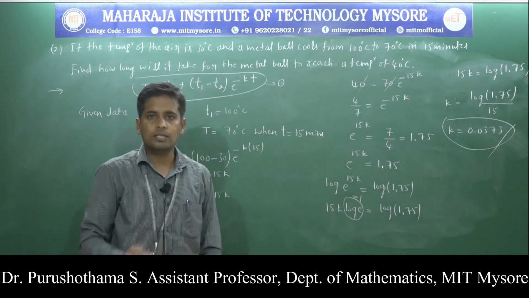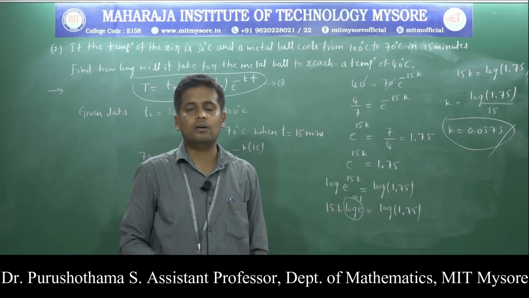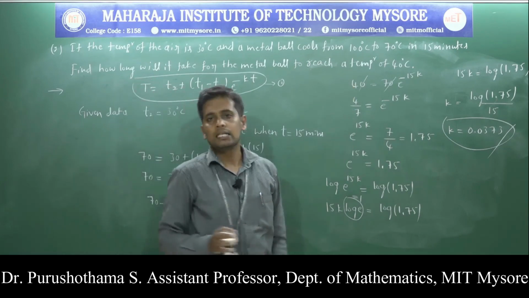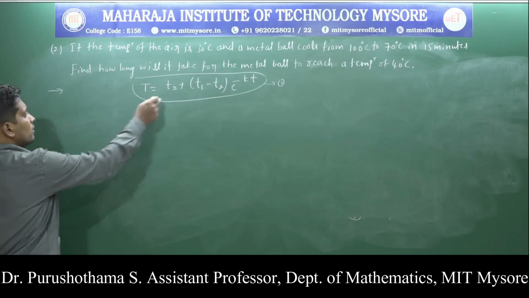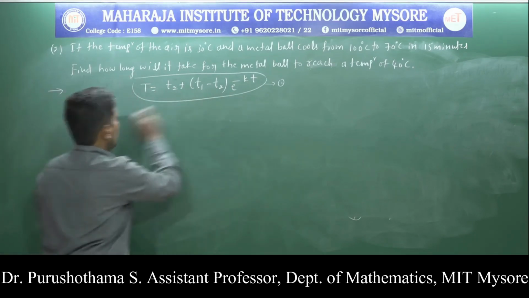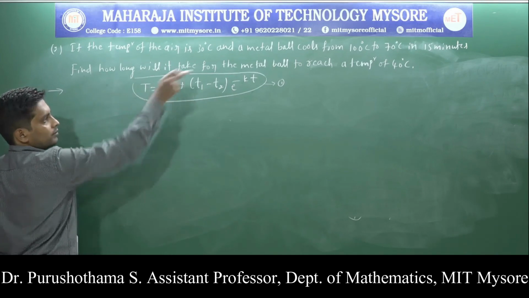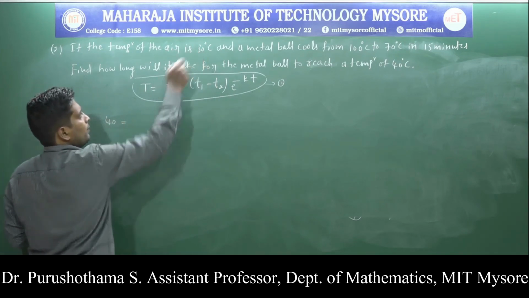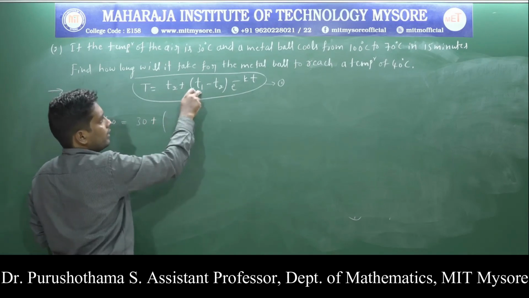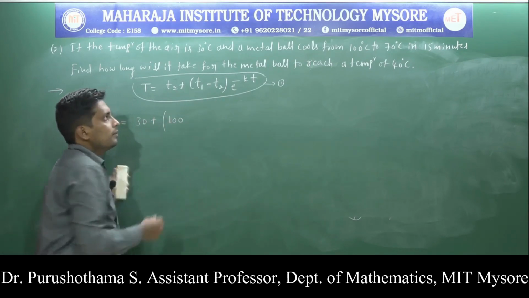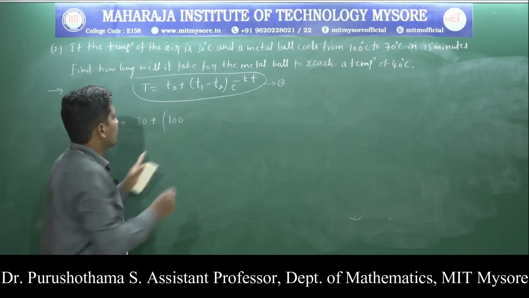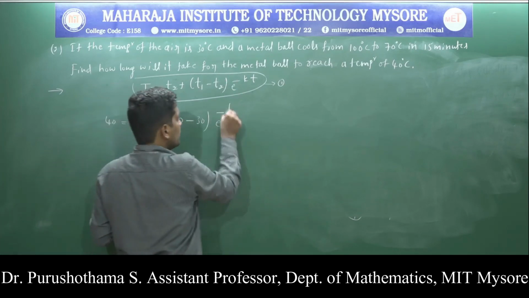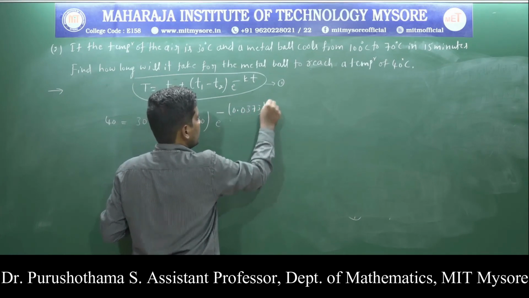Now, using the given data and the proportionality constant k, find the time t when the metal ball reaches a temperature of 40 degrees Celsius. Using the temperature function formula again, capital T, which is 40 degrees Celsius, is equal to T2, the air temperature 30, plus (T1, the initial temperature of the metal ball, 100 degrees Celsius, minus the air temperature 30) into e power minus k t, where k is the proportionality constant 0.0373.